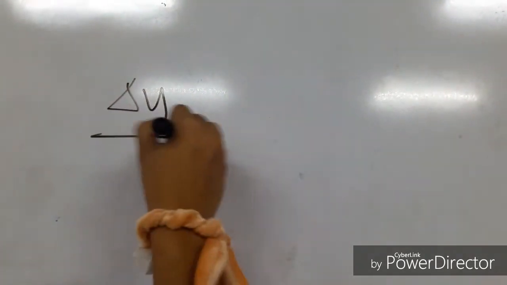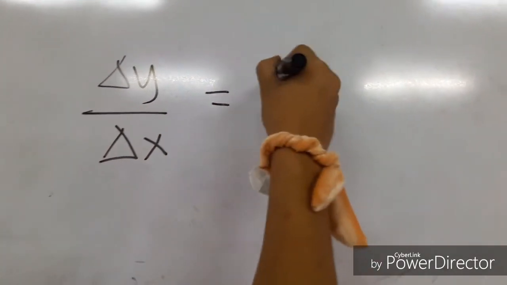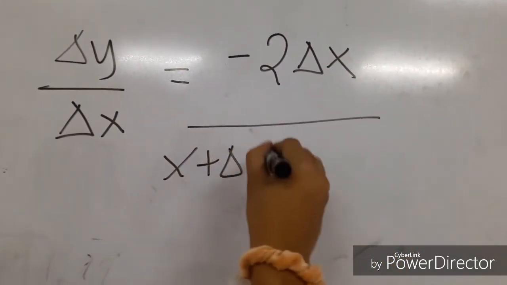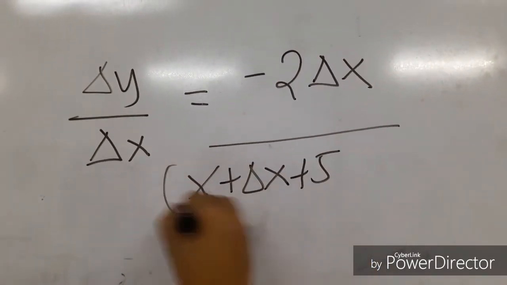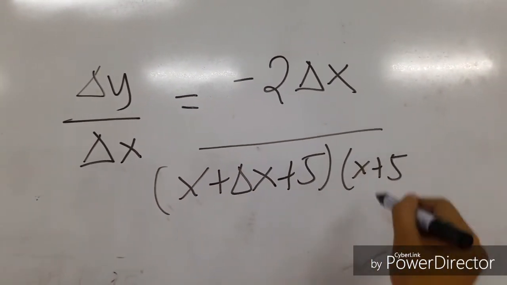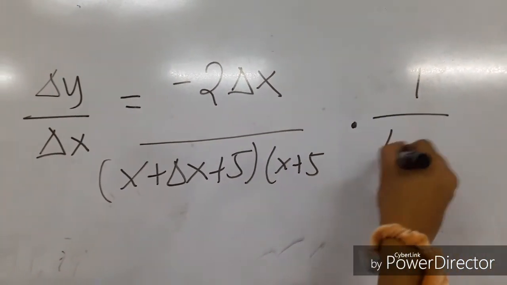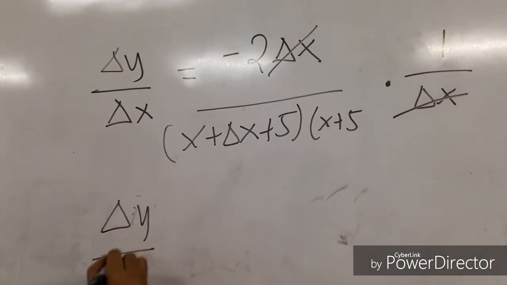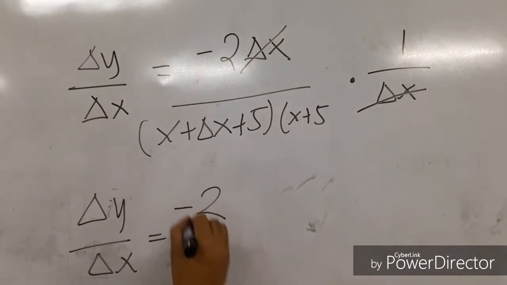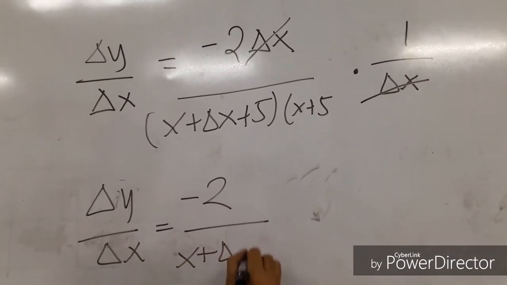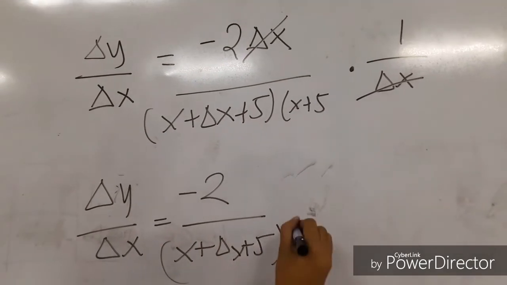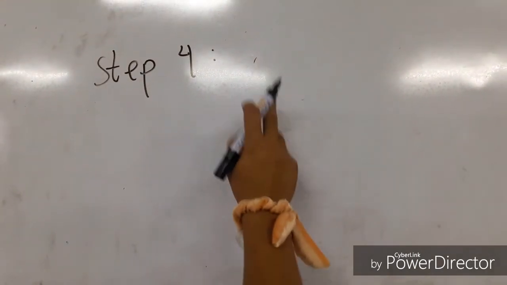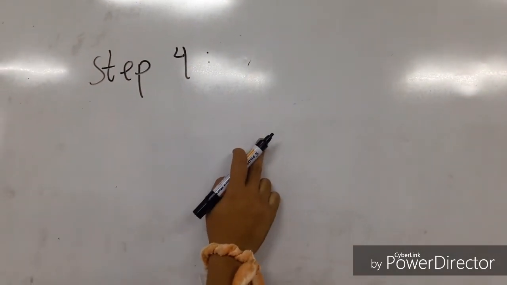So delta y over delta x is equal to negative 2 delta x over (x plus delta x plus 5)(x plus 5) times 1 over delta x. So we cancel this, and we get the answer of negative 2 over (x plus delta x plus 5)(x plus 5).